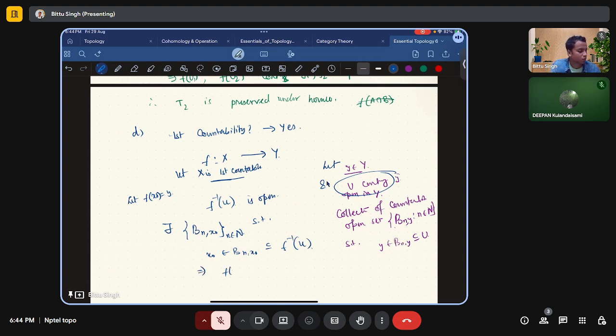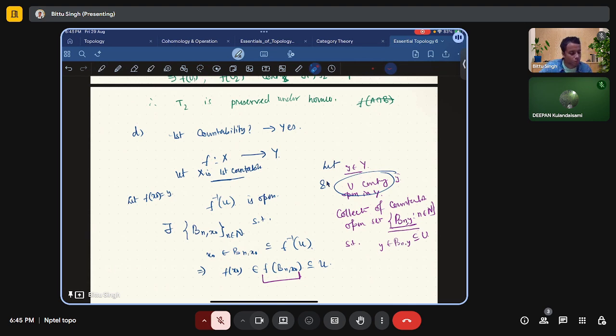So f(x0) belongs to f(B_{n,x0}) contained in U. So this is the desired B_n. We are using that since f is a homeomorphism, f is also an open map. Therefore, f of this open set will be open.